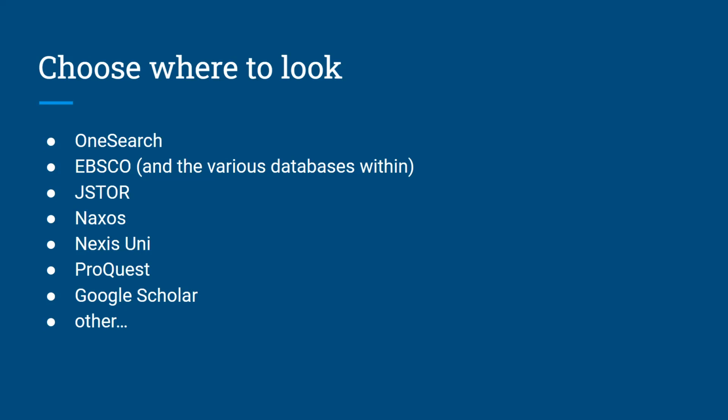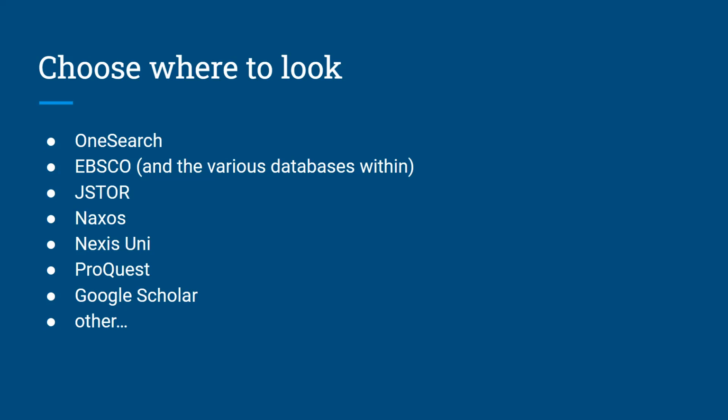We also have JSTOR, another great one, a little bit humanities heavy, but there is also some of the harder sciences as well. There's Naxos, which is great if you're looking for music. Nexus Uni is a great resource if you're looking for business resources or legal sources. We also have the relatively newly acquired ProQuest, which is great if you're looking for dissertations.